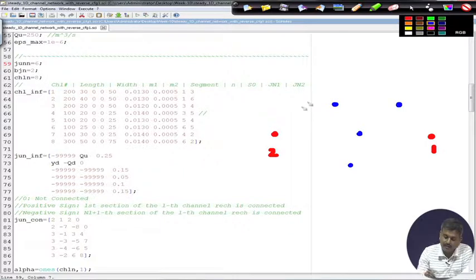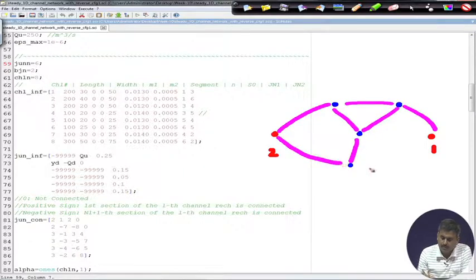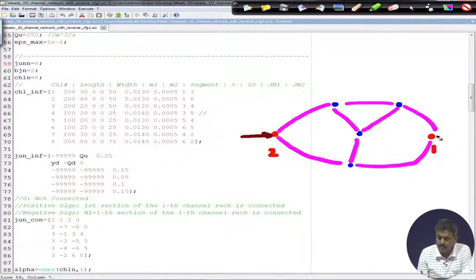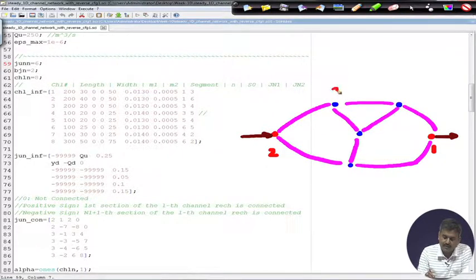So, obviously, if I connect it properly, this is entry exit, and if I name it, this is junction node number 3, 4, 5 and 6.